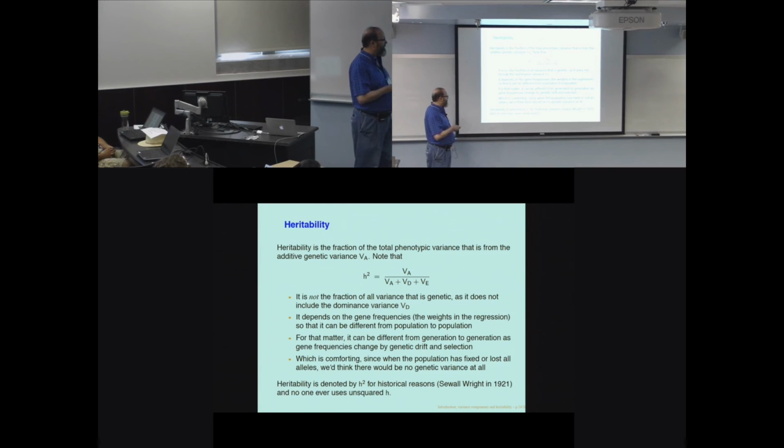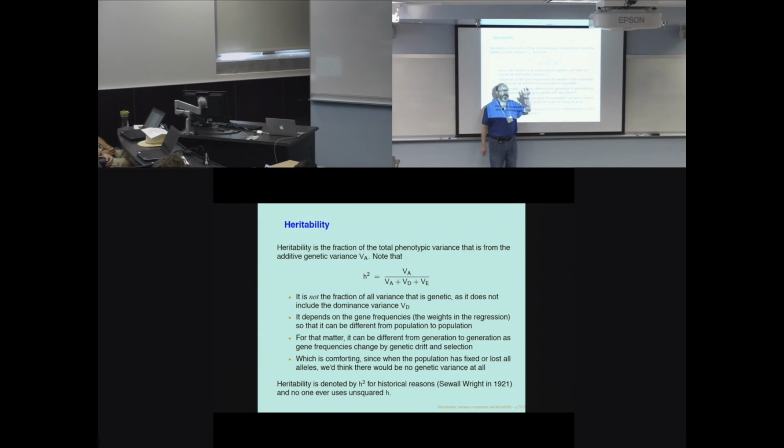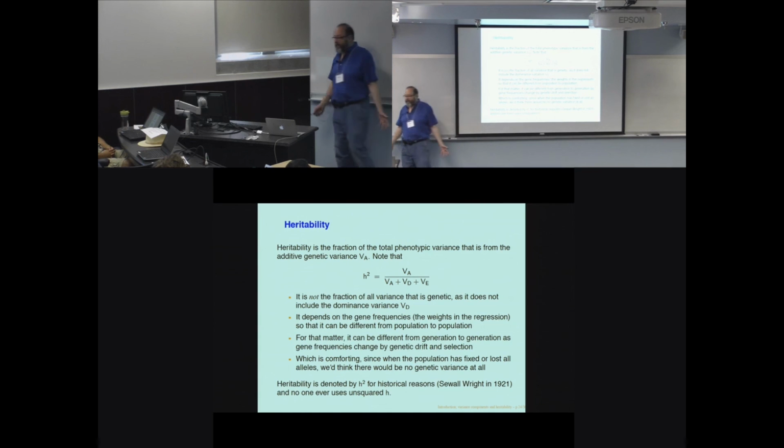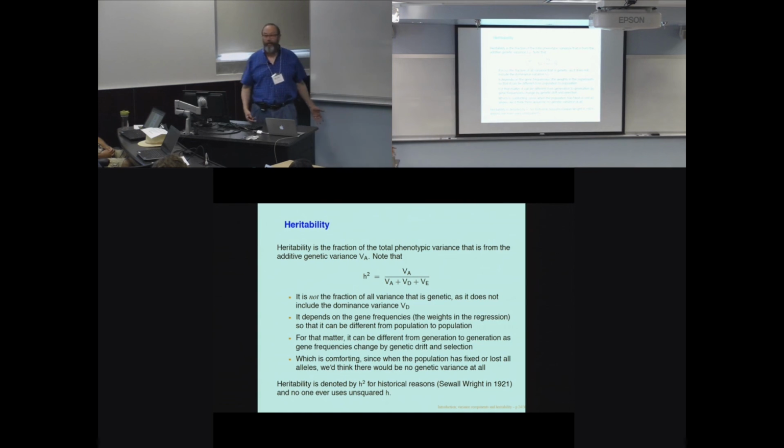And as you go from generation to generation, as a result of genetic drift or natural selection or other evolutionary forces, those gene frequencies can change, and thus the variance components can change. And that's, in a way, comforting because you think that if a population goes on and loses all its genetic variation and everybody's got the same genotype, you'd hope the theory would tell you that the additive genetic variance and the dominance genetic variance go to 0, and they do. It's comforting.